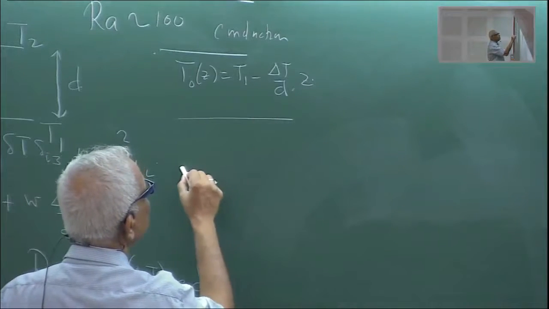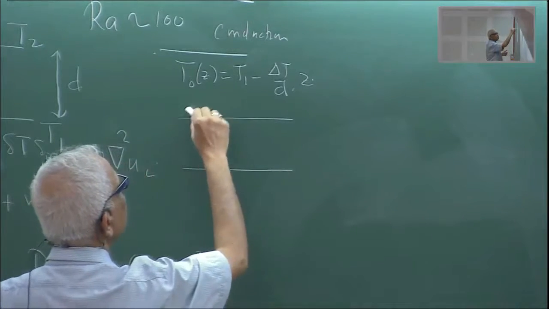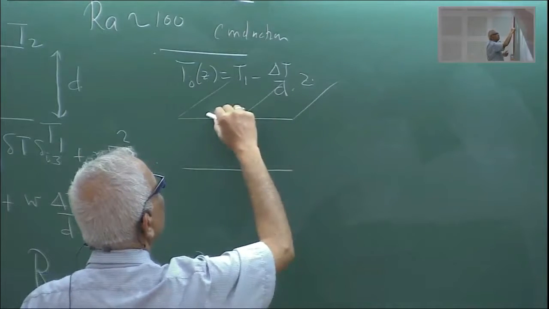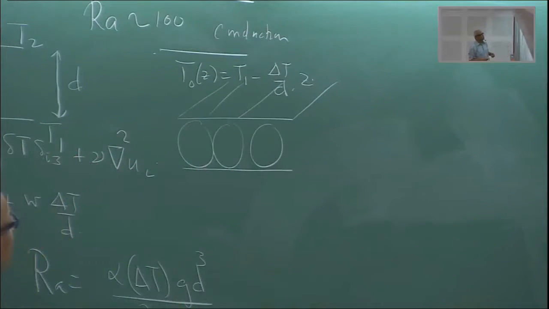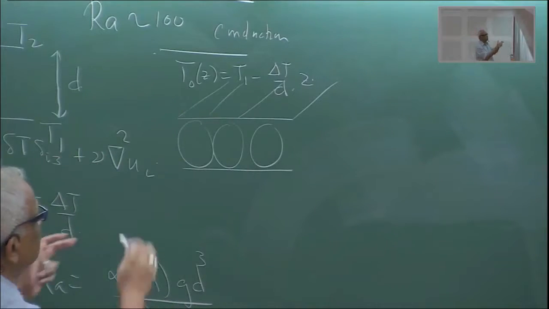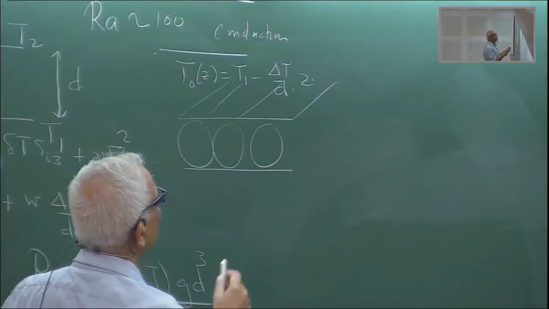It changes over to convection, convective rolls, the idealized theorist's picture. The reality is more complicated.